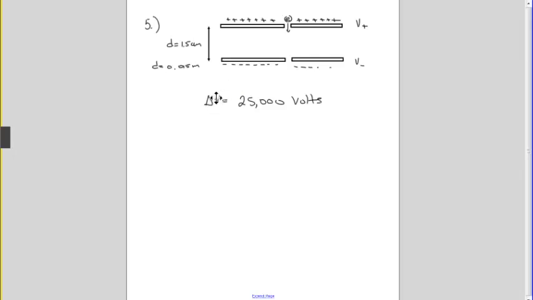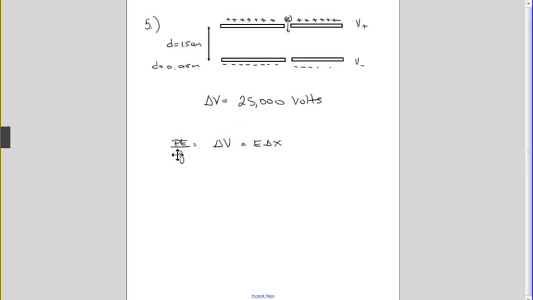And so what happens is that there's a relationship between voltage and electric field and distance. And basically it says that the change in voltage is equal to the electric field times delta X, the distance it's traveled. And if we remember, voltage is potential energy divided by unit charge.